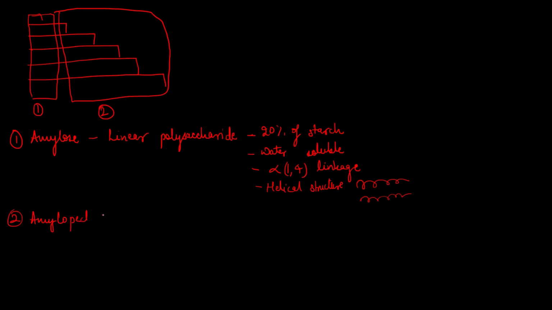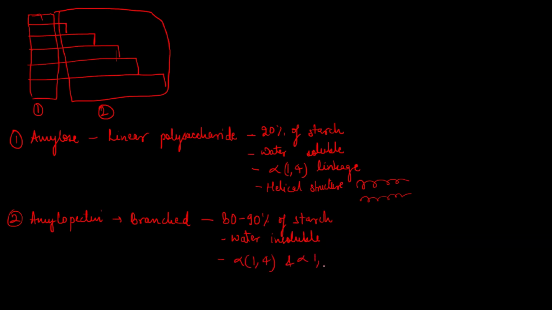It has branchings, and it constitutes 80 to 90% of the starch. It is water insoluble. What kind of linkage will it have? It will have both alpha 1 4 and alpha 1 6 linkage.